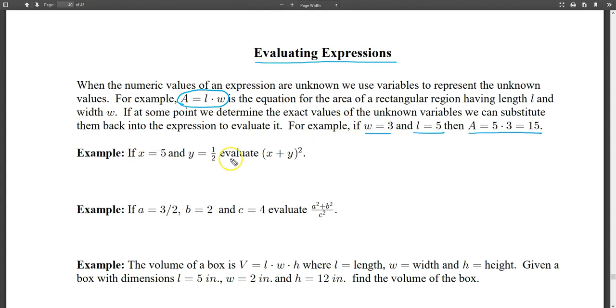For example, if we have this expression, x plus y squared, and we know that x is 5 and y is 1/2, we can evaluate it.